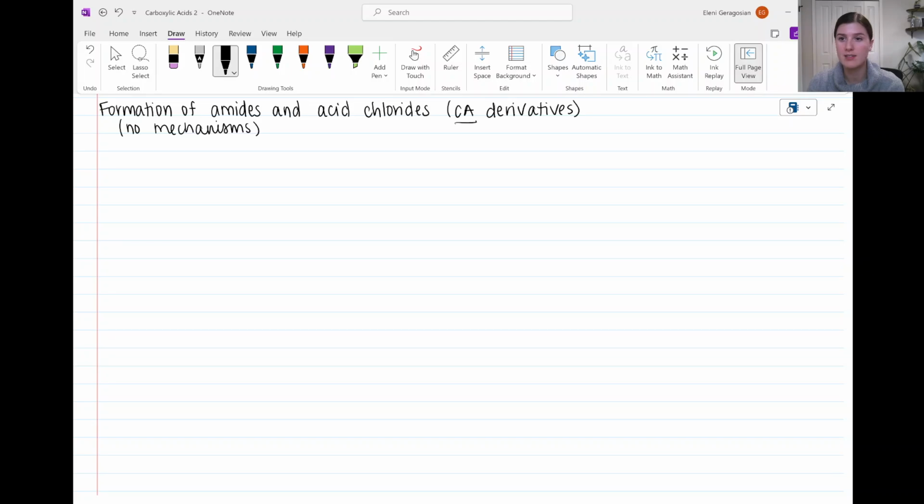to recognize the reagents, a combination of molecules, and predict the product. Or vice versa, given the product, predict the reagents. So we'll start with amides. And there are multiple ways to prepare amides, but we'll just show one here.